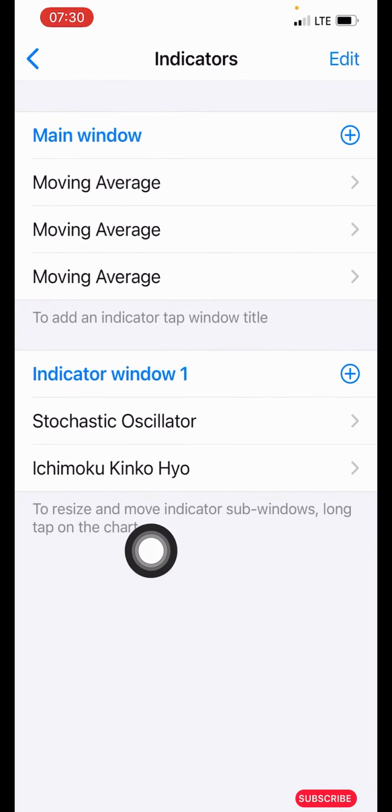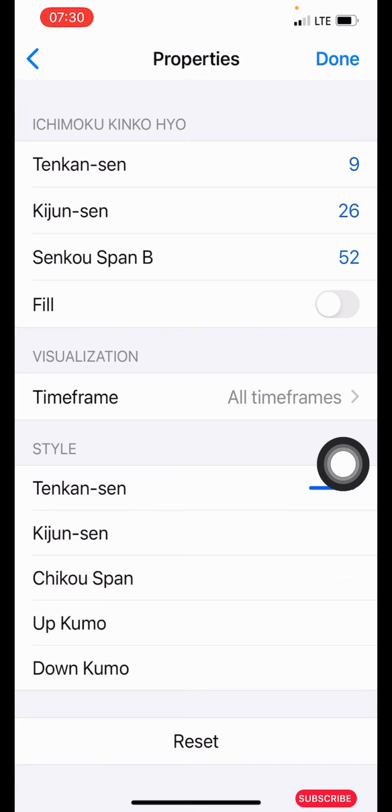Now the next indicator we have here is the Ichimoku. You click on the indicator plus icon here, then you search for your Ichimoku. These are the properties: the Tenkan Sen is 9, Kijun Sen is 26, the Senkou Span B is 52. You unfill it, and the time frame is all time frames.